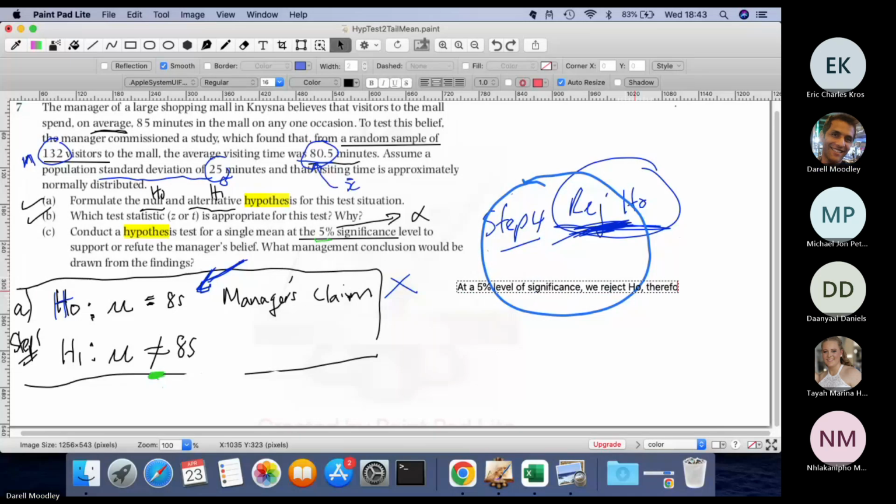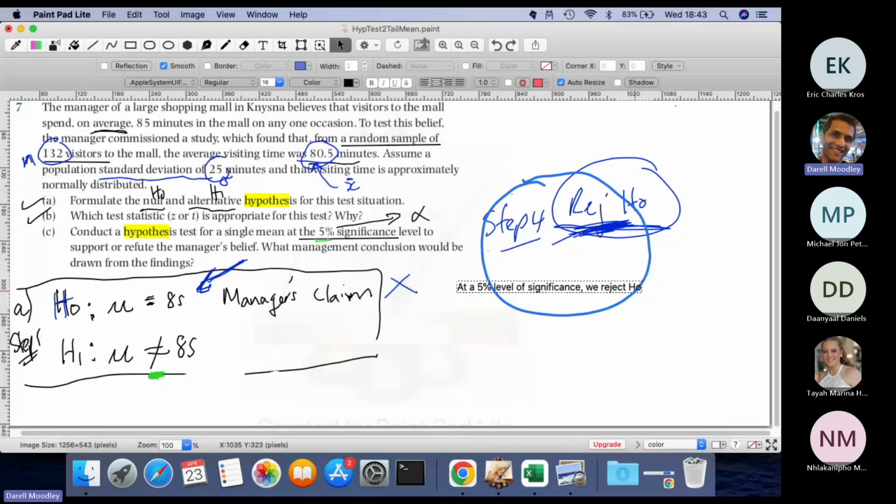Therefore, if you want, you can ignore the reject H0 part, but I'm going to put it in here. You can just directly say we reject the manager's claim, right? But I'm just going to add that extra part here.